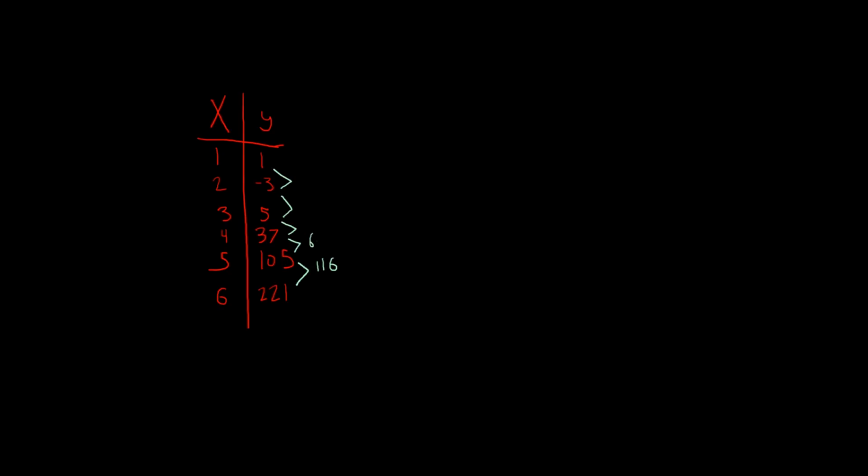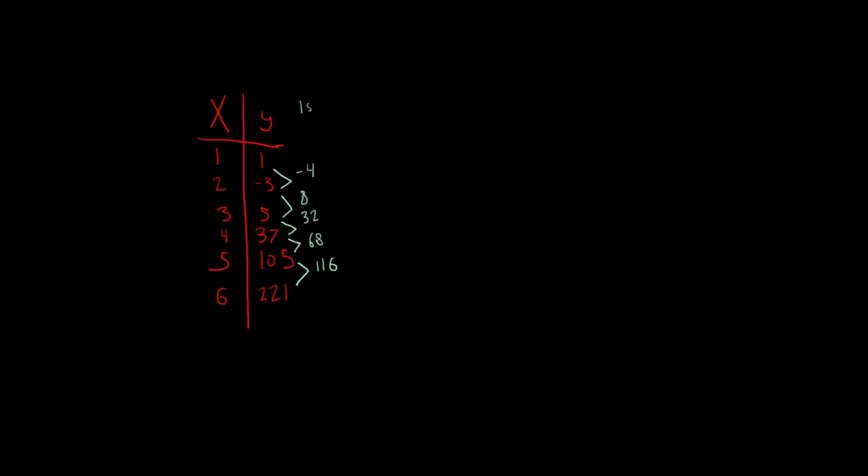And then 37 minus 5 would just be 32. And then 5 minus negative 3, which would be adding, it would be 8. And then negative 3 minus 1 would be negative 4. So that's what we have for our first finite differences.